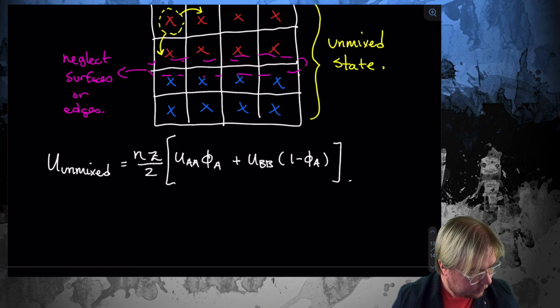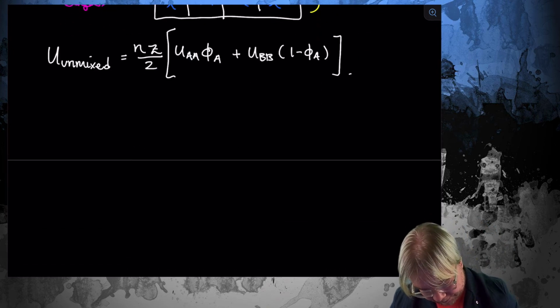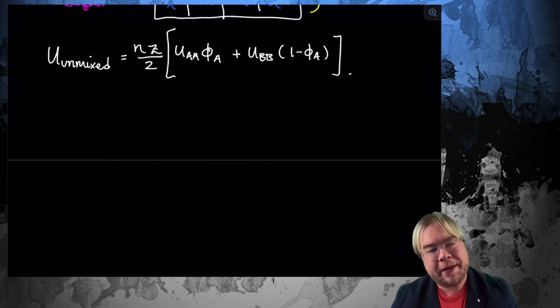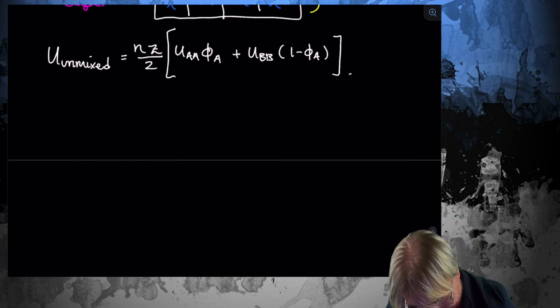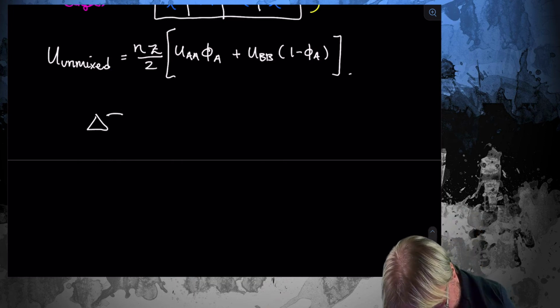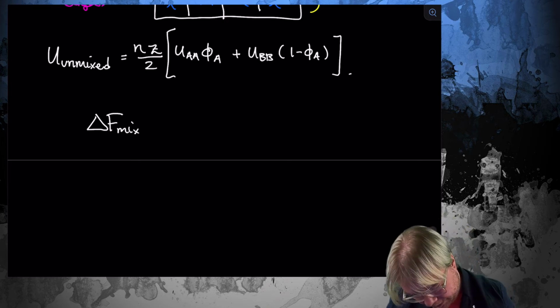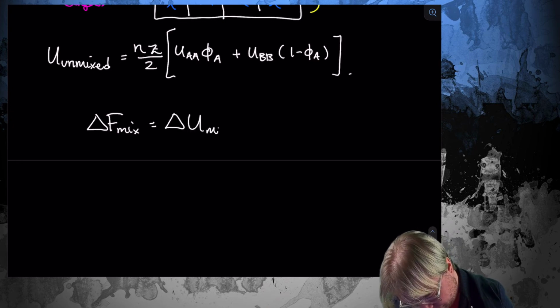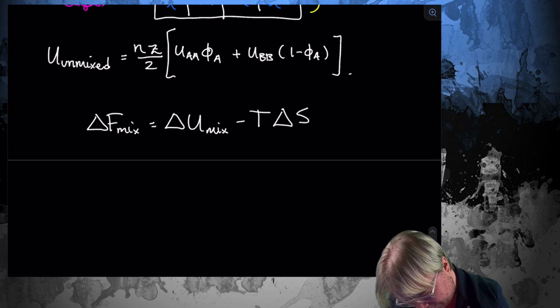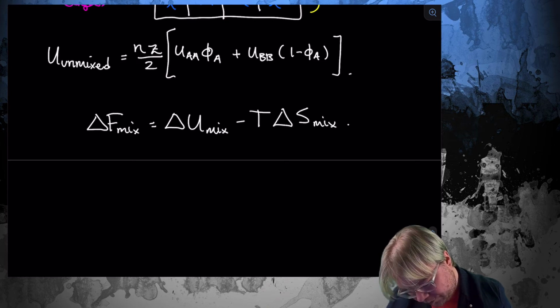All right, so this is going to get a little messy now, because what are we after? Well, the big picture here is we're looking at delta F of mixing, and that's going to be delta U of mixing minus T delta S of mixing.